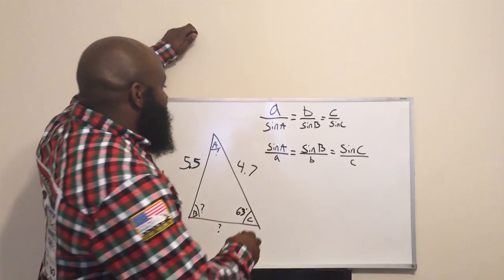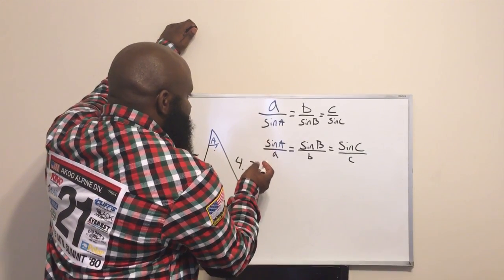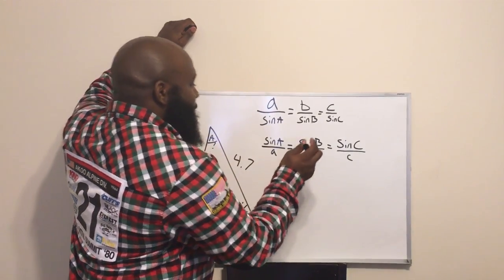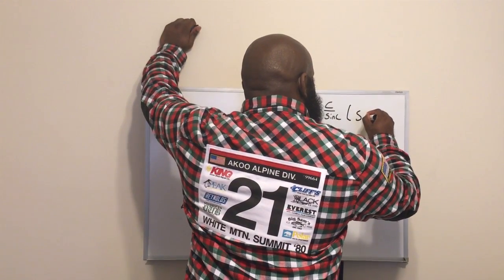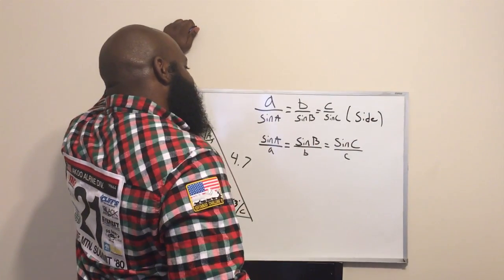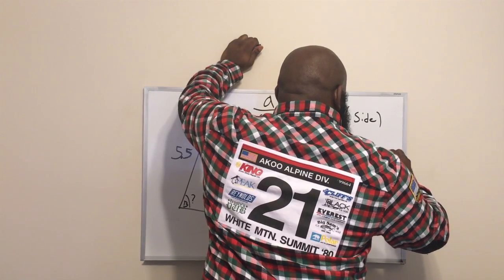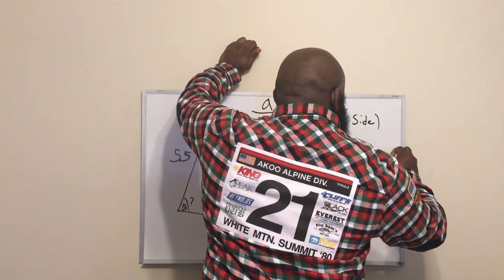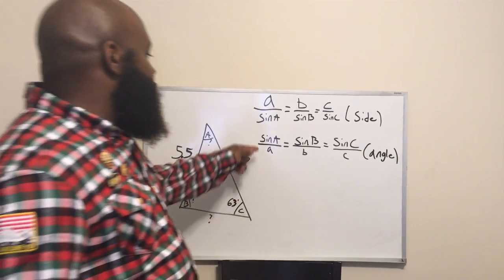Which of these do you think we will use? When we're missing a side, this is the best one to use to locate the missing side. When you're missing an angle, this is the one you want to use to find the missing angle. So we're going to use this one.